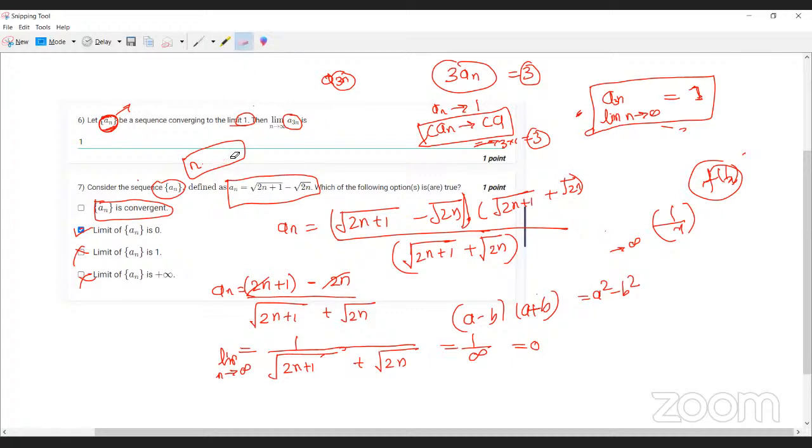Sir, can I do this like that? Multiply with n square and divide by n square. For simplification, you can do anything, right? Rationalization, right? 2n plus 1.